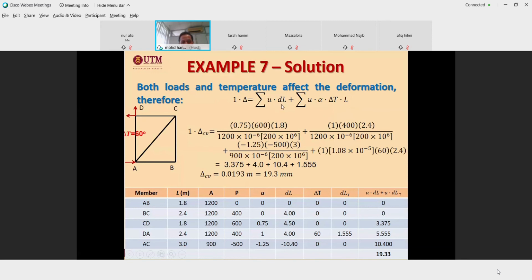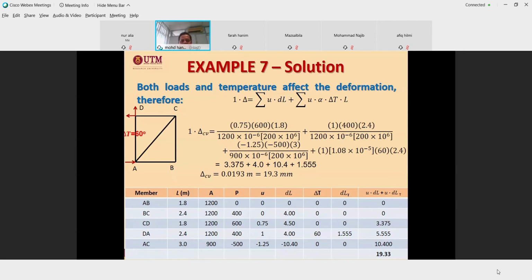This one is internal work due to deformation of each member under the actual load. This one is internal work due to thermal force in each member. So that means for each member you will have two components of internal work. One is due to thermal force, another one is due to the member force.